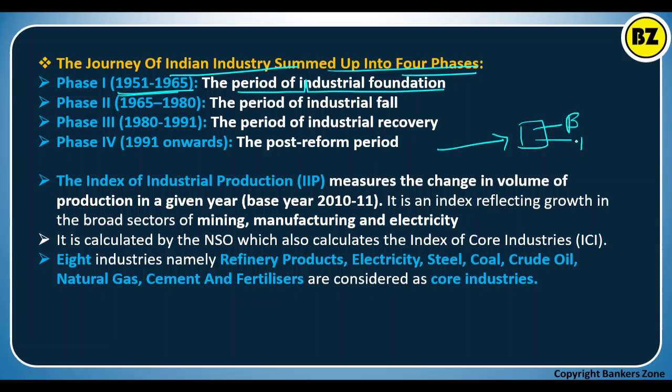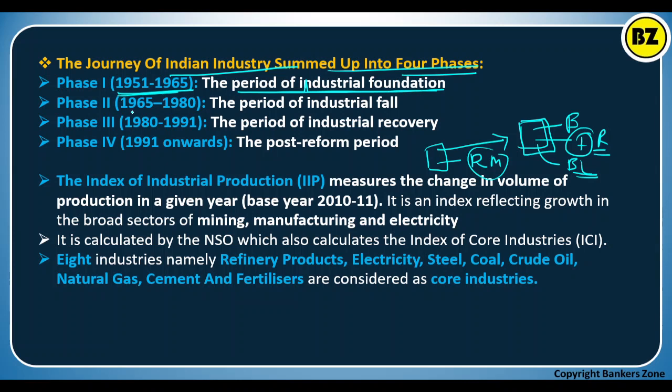In England they had the industrial revolution, but we didn't have industry in India, right? They used Indian land only for raw material production, and actually produced on British land. So that period 51 to 65 was very tough for India. That time we built our industrial foundation.